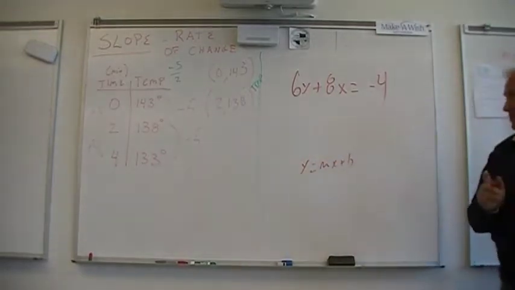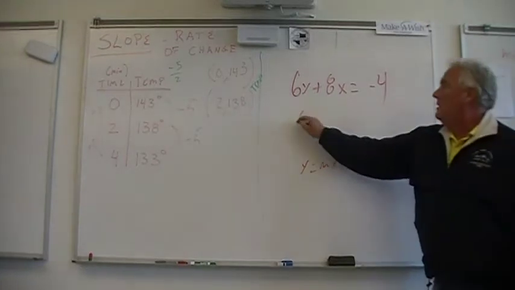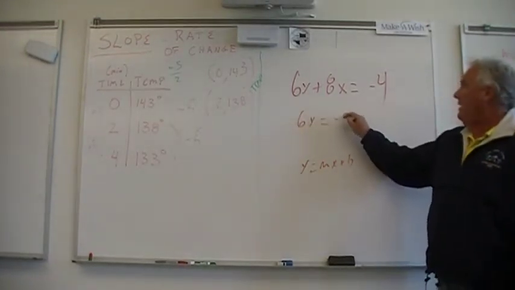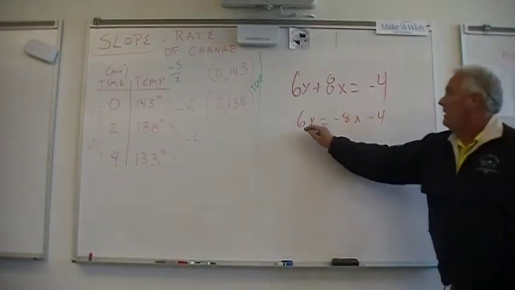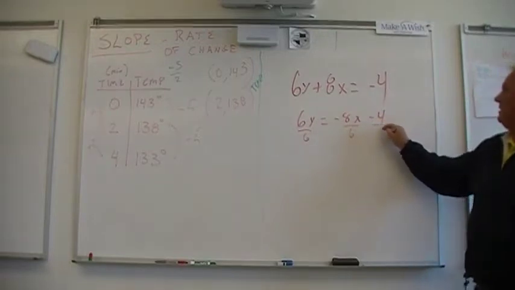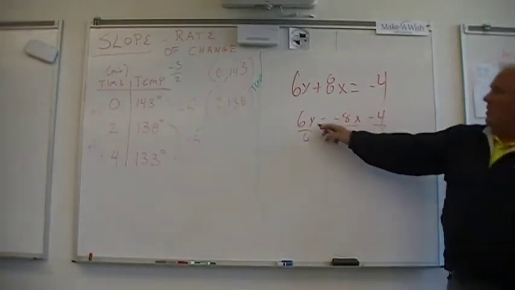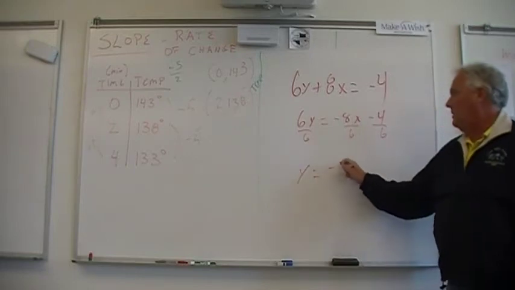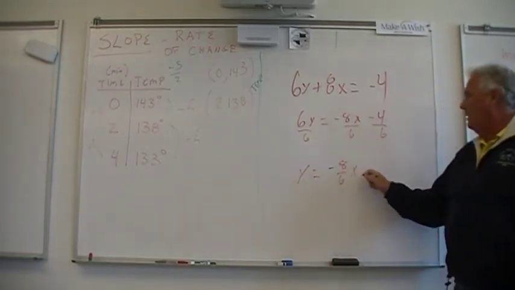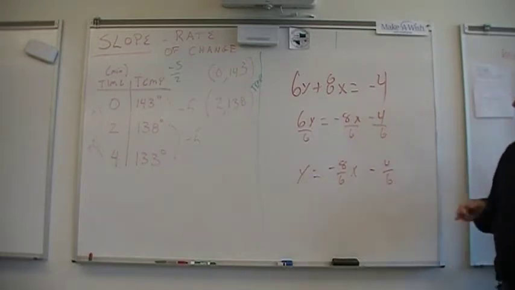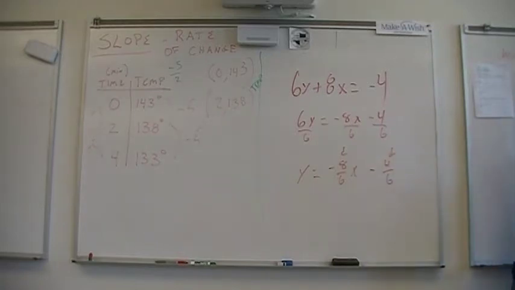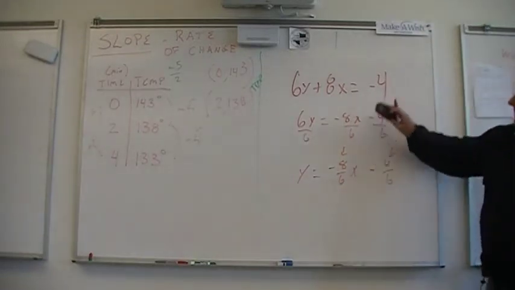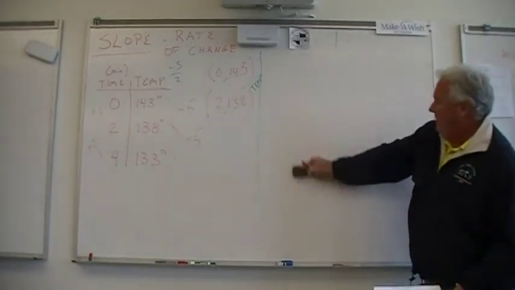That's going to be something that you do today. 6y equals negative 8x minus 4. Divide by 6, divide by 6, divide by 6, because we want y by itself. And there is our answer right there. Simplify these two fractions now, and that's your answer. So putting it into slope-intercept form is a skill that we've got to do.